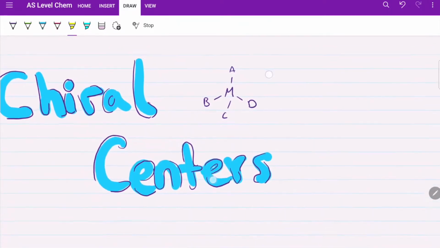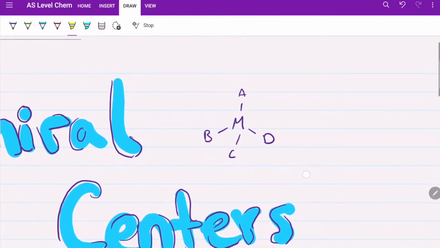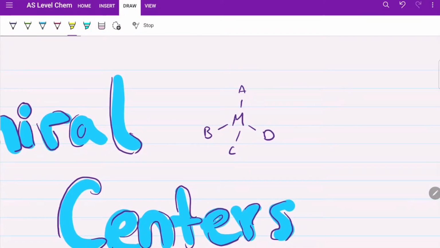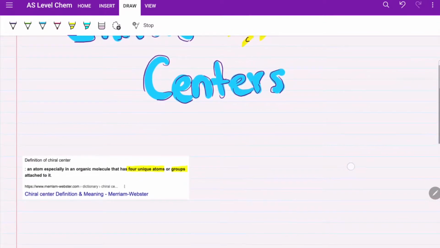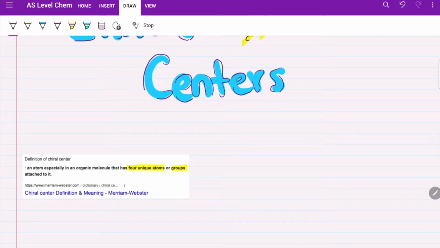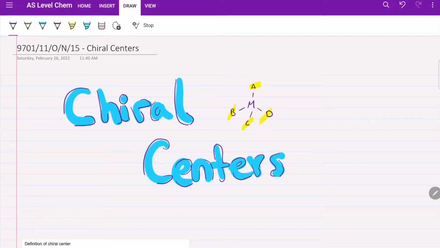So if you go back up here, M is just some random element. It could be carbon, it could be whatever, and it's attached to 4 different things, hence why it's A, B, C, D. That is the general idea of a chiral center. Now, if we want to go into more details, we can mention that a chiral center is a tetrahedral atom.